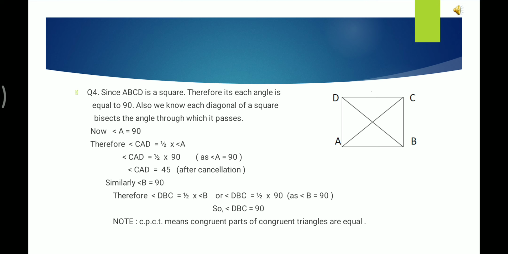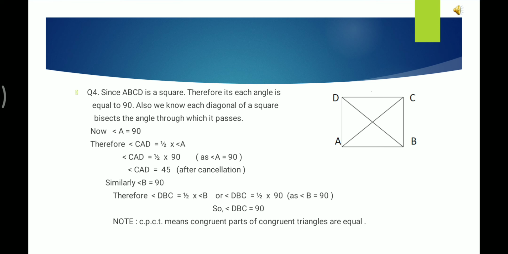Now angle A is equal to 90 degrees as ABCD is a square. Therefore angle CAD is half of angle A. Angle CAD is equal to one half into 90 as angle A's value is 90 degrees. After cancellation, we will get angle CAD is equal to 45 degrees.